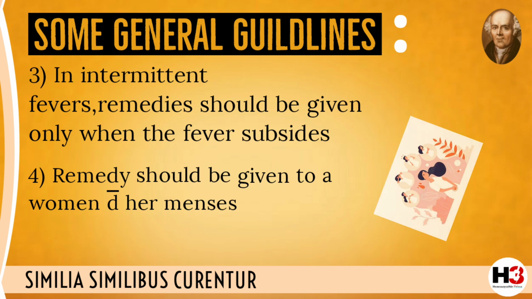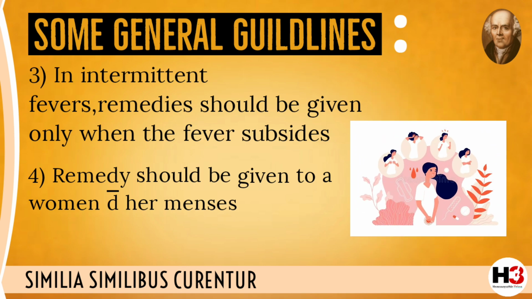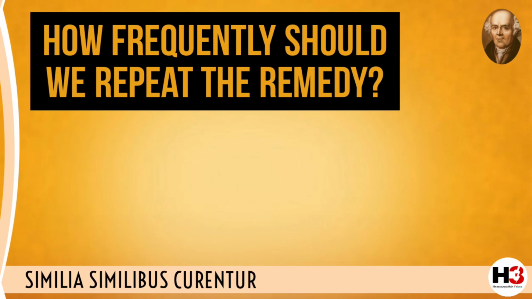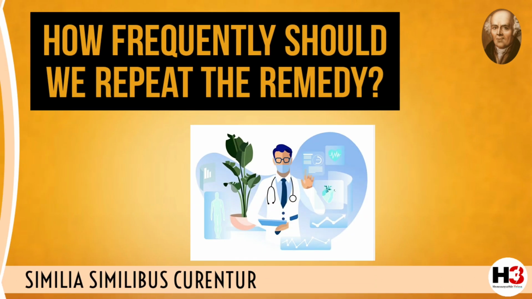In women, a remedy should not be prescribed for her menstrual troubles during her menses. And nosodes, intercurrents, or constitutional remedies should always be given before the acute attack or after the acute attack is over.